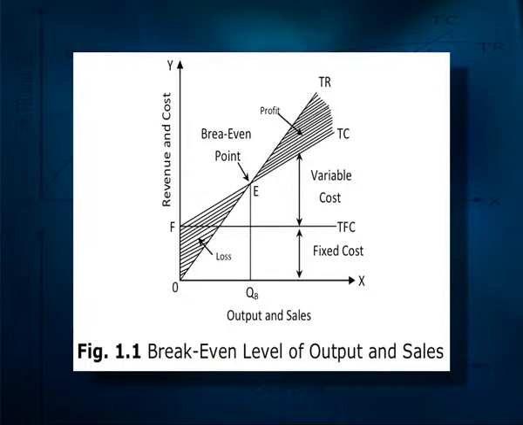But TC line is linear starting from point F, which shows that the average variable cost is constant. It will be further seen that the slope of the total revenue curve, which indicates the price at which additional units of the good are sold, is greater than the slope of the total cost curve, which indicates the additional variable cost incurred per unit of output by the firm.